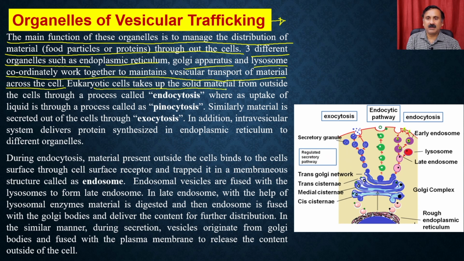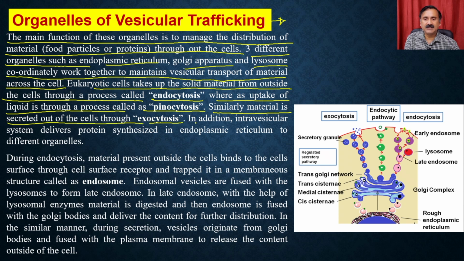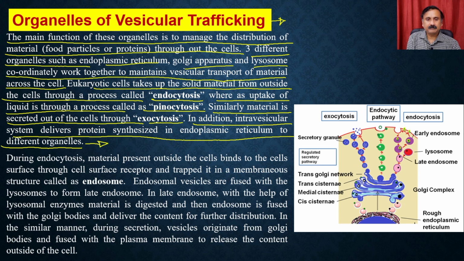Eukaryotic cells take up solid food from the outside through a process called endocytosis, whereas the uptake of liquid is called pinocytosis. We have already discussed this when we were discussing phagocytosis. Similarly, material is secreted out of the cell, which is called exocytosis. In addition, the endomembrane system delivers the protein synthesized in the endoplasmic reticulum to the different organelles.